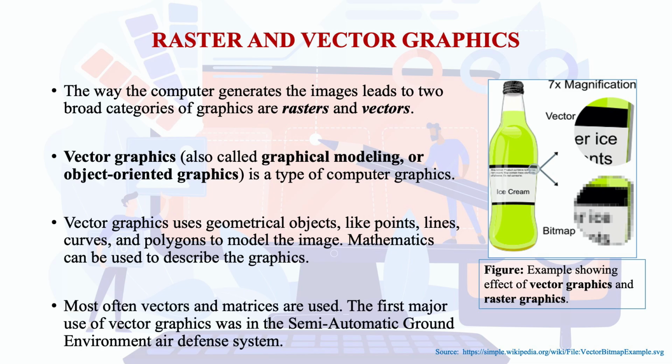Most often vectors and matrices are used. The first major use of vector graphics was in the Semi-Automatic Ground Environment air defense system. In the example shown, you can see the diagram showing the effect of magnification on vector graphics and raster graphics.